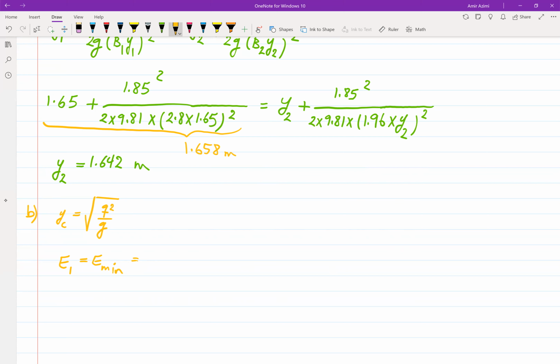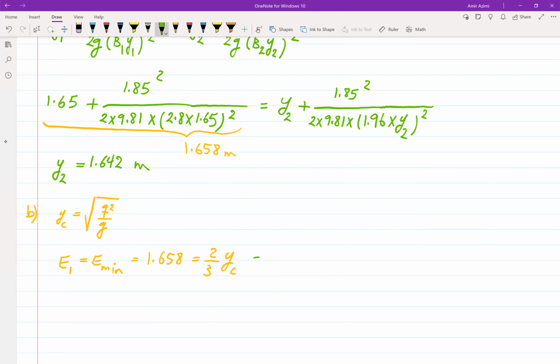So 1.658 is equal to 3/2 of YC. This is much easier than using the YC equation with Q squared divided by g, but you can do that as well, and both should give you the same answer.